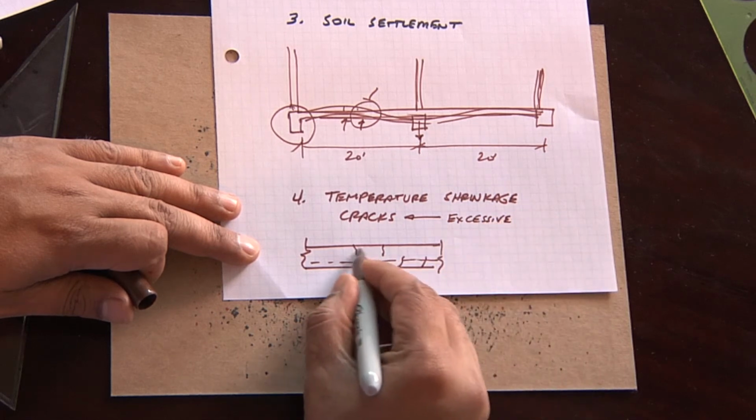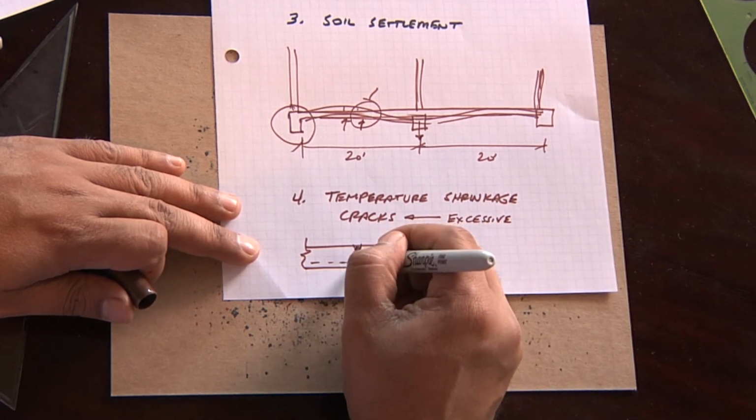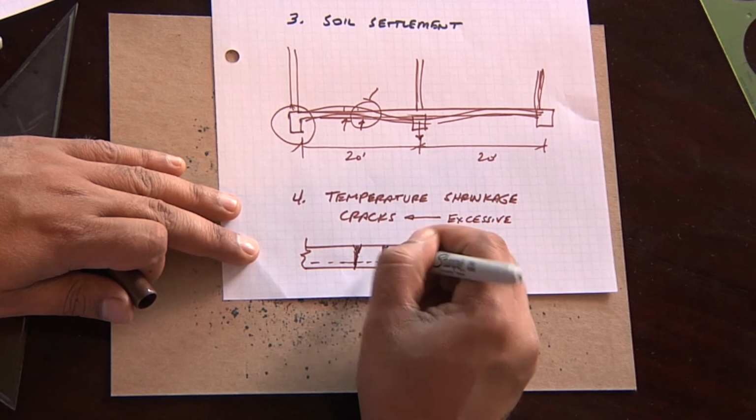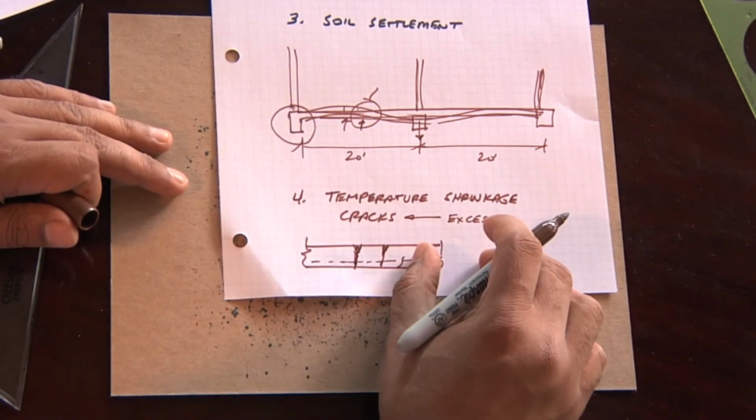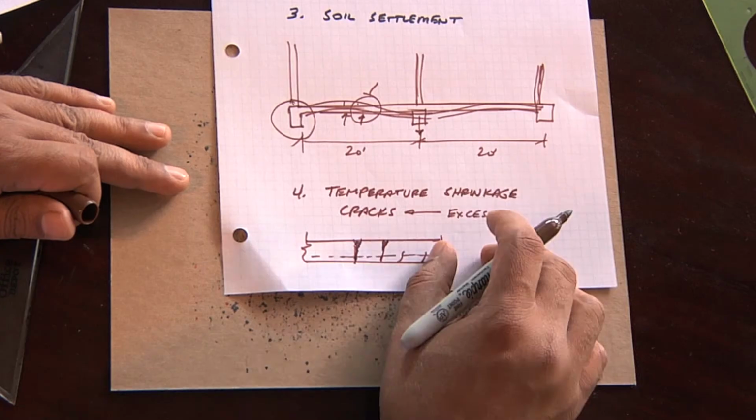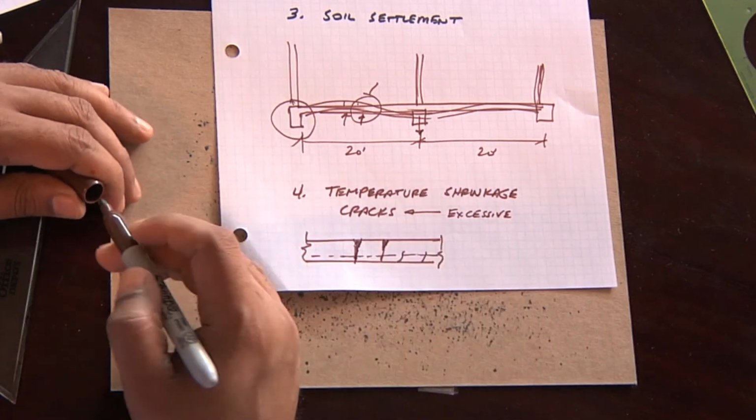I've actually seen situations where the slab is cracked all the way through and separated into separate pieces, and then that becomes a very expensive repair. These are very common problems that occur all over the United States, but in Southern California, we tend to see a lot of these.